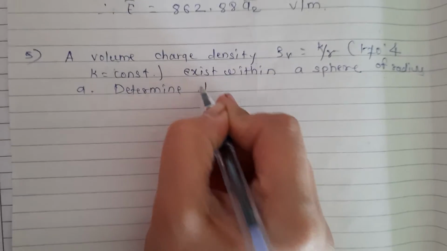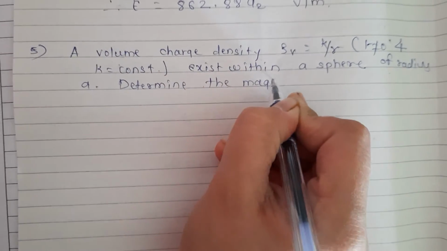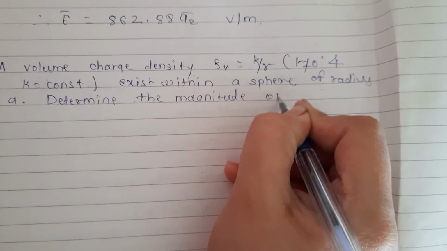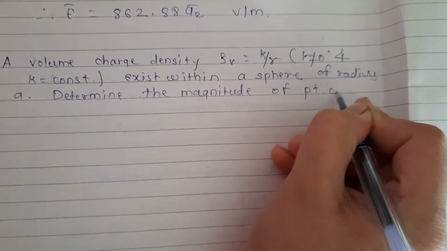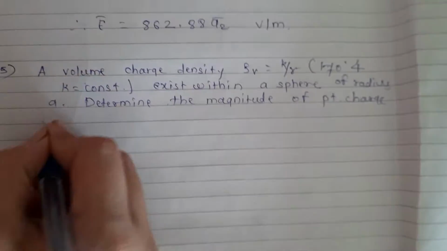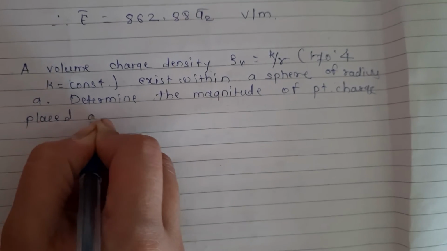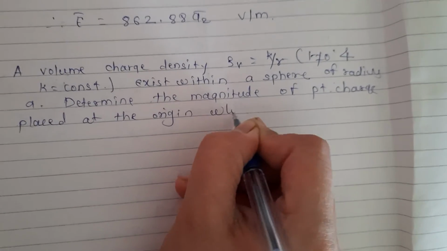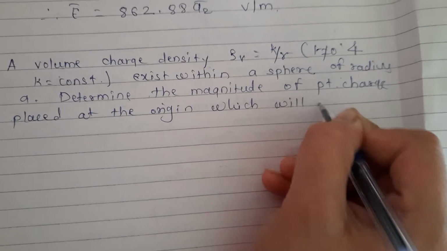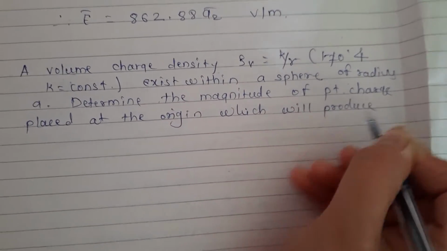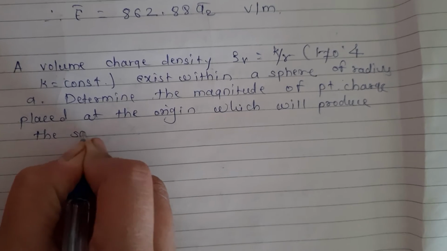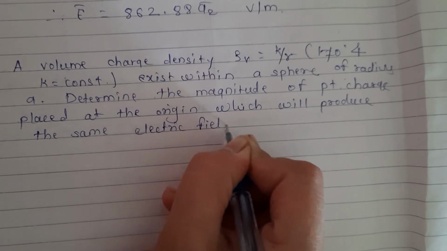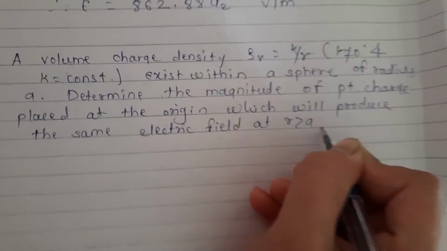Then determine the magnitude of the point charge placed at the origin which will produce the same electric field at r greater than a.